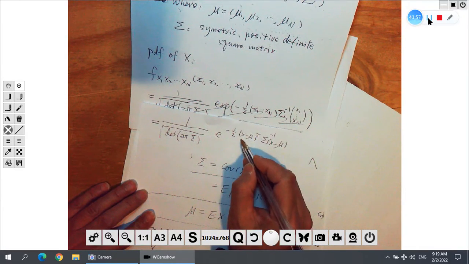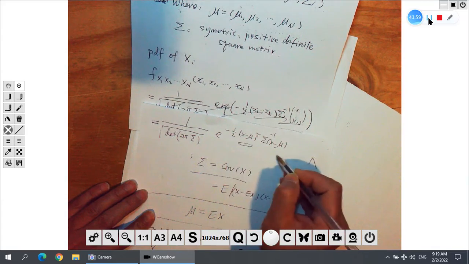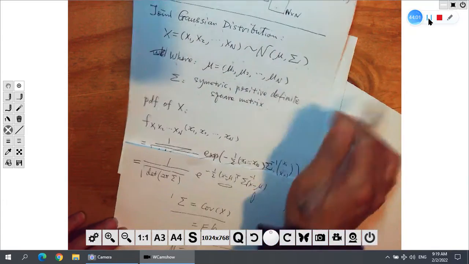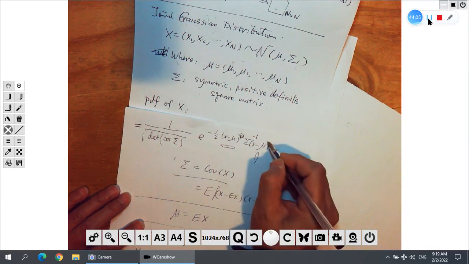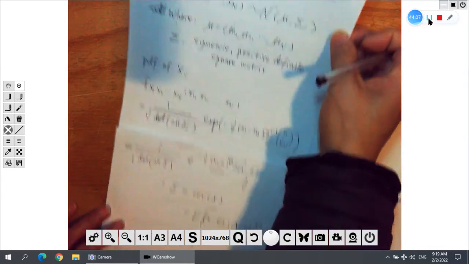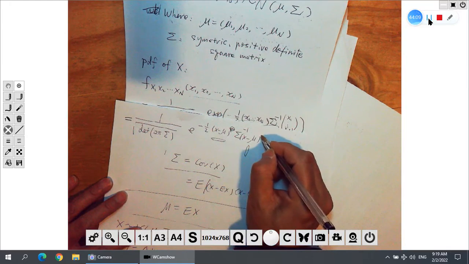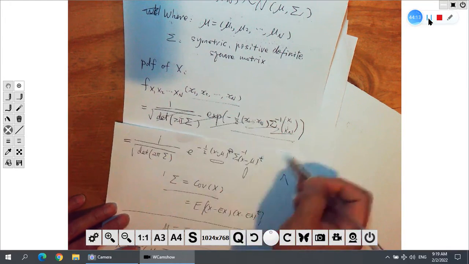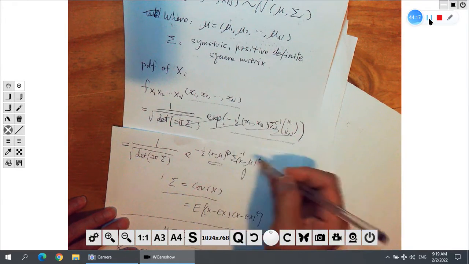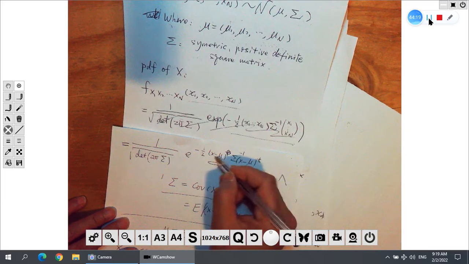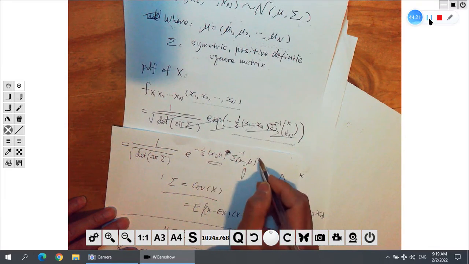So here will be a row vector, here will be a column vector. If I write it this way, then there's no transpose here. The transpose will be here. If I write x as a column vector, then there will be a transpose here, and this as a row.